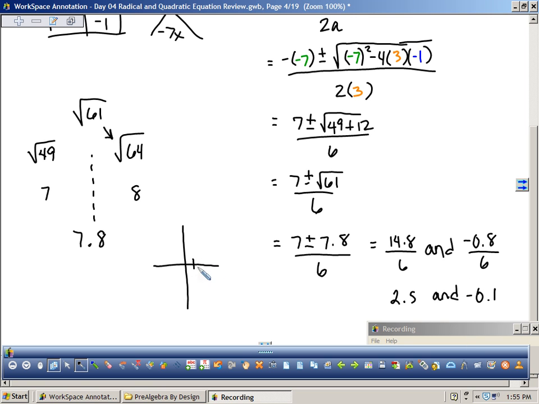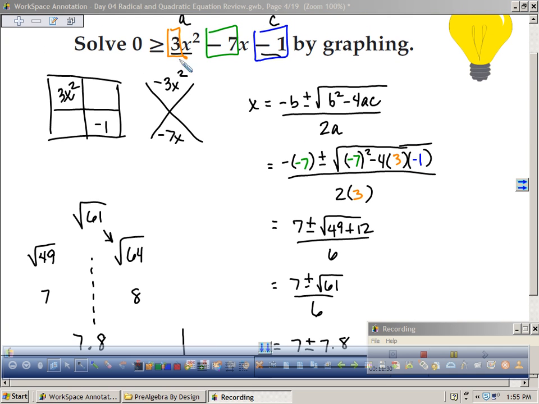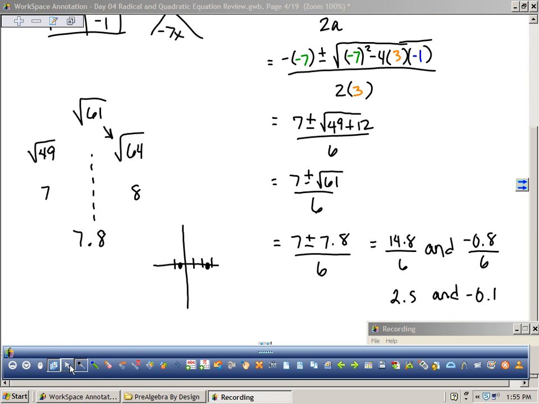So these are my roots. If this was 1, 2, 3, I would have one root here and one root here. Can anybody tell me from looking at this how the rest of it should look? My graph should look? Let's move it.